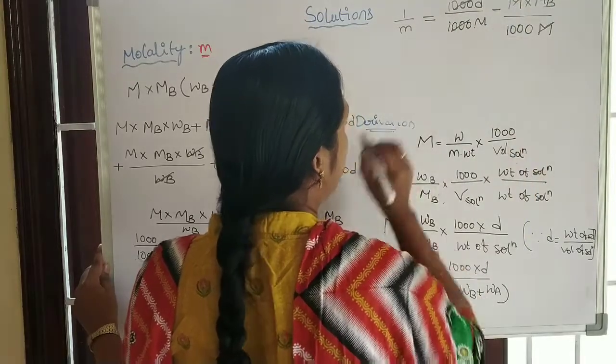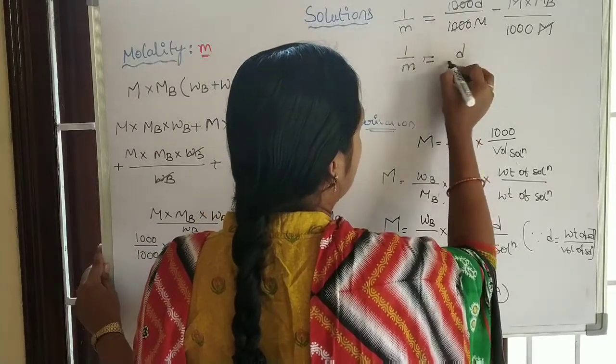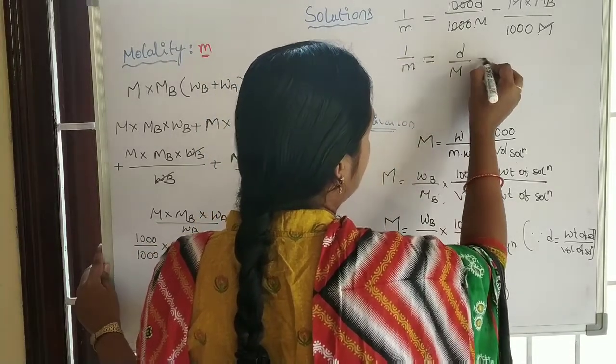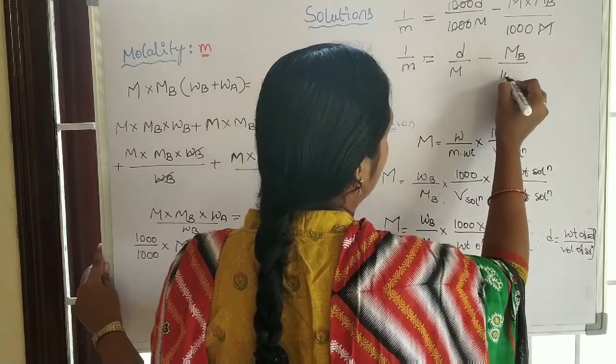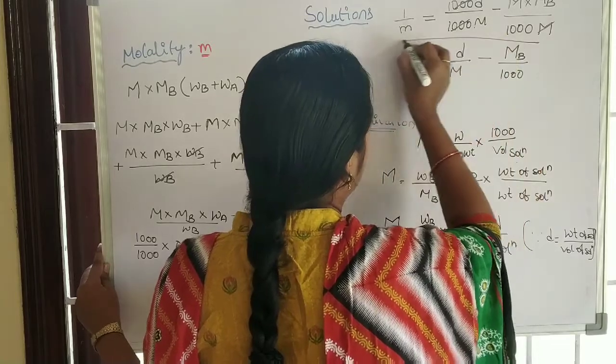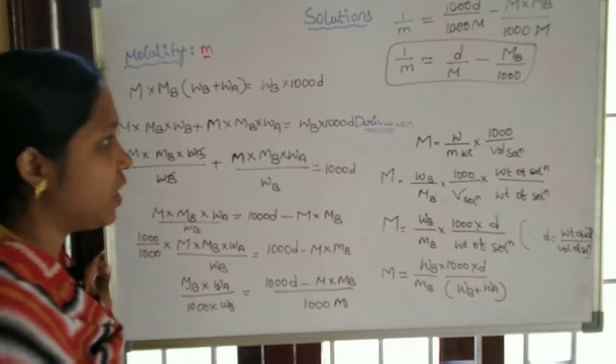Here M will be cancelled. So 1 by small m is equal to density by molarity minus MB by 1000. Once again, see the derivation.